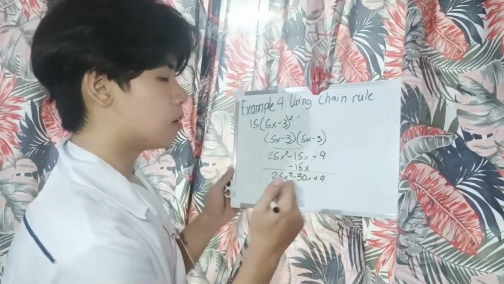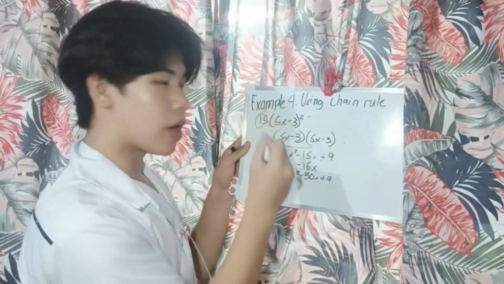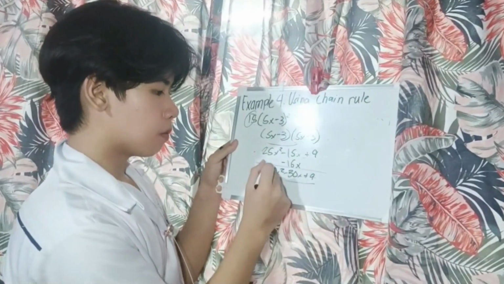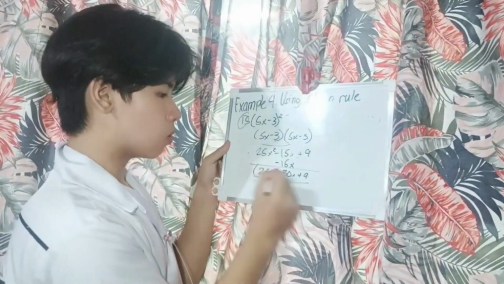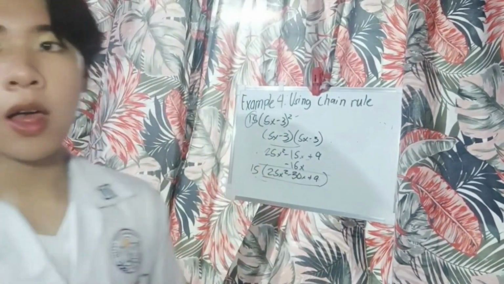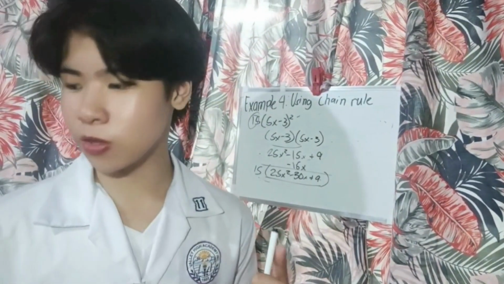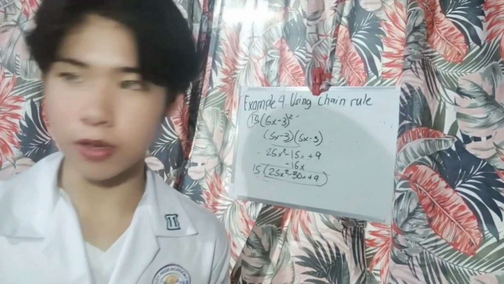Plus 9. But we're not done yet, because we still need to multiply this by 15. So let's multiply this by 15. I'm gonna get my trusty calculator because this is too complex for me to solve by myself.